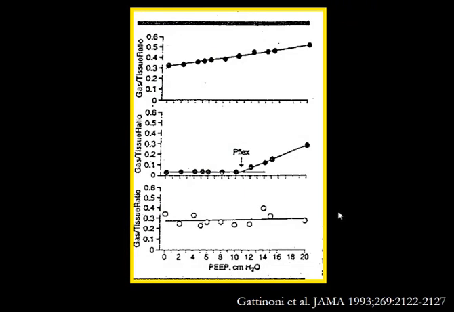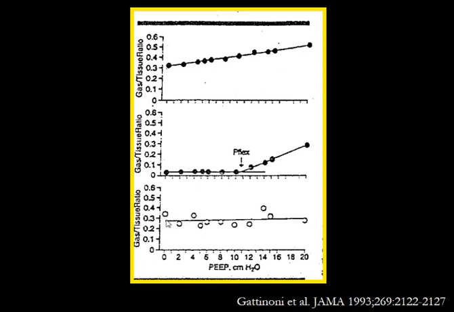We looked at patients, taking the CT at, you can imagine an ethical committee now, impossible, but one slice, at 0, 2, 4, 6, 8, 10, 12, 14, 16, 18, 20 centimeters of PEEP and at expiration. And what we found is that in the upper lung, as you increase the PEEP at expiration, the gas content goes up.